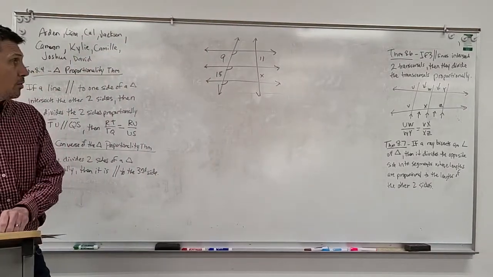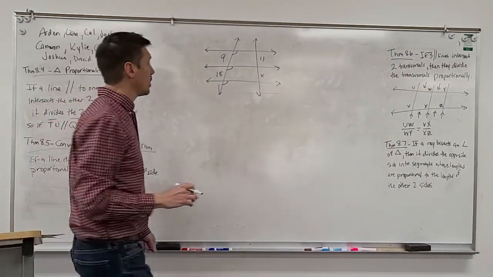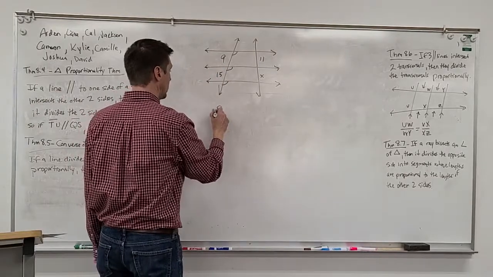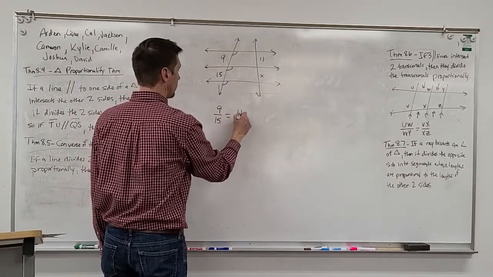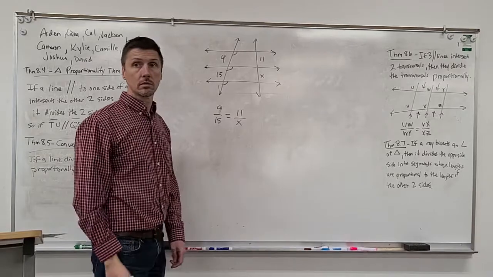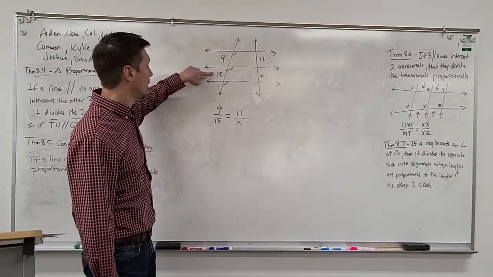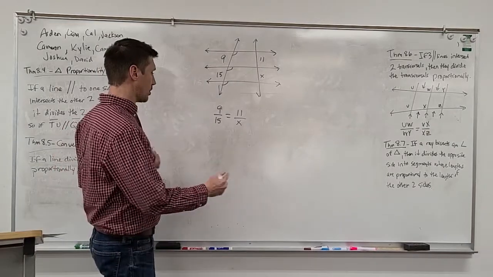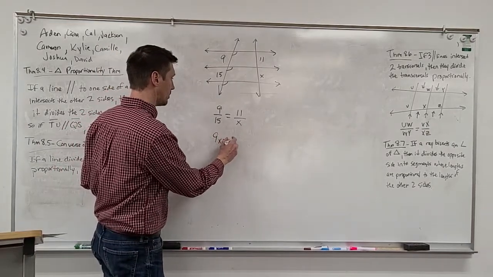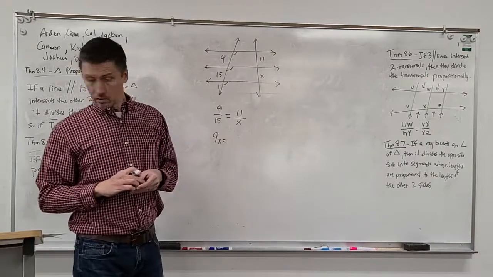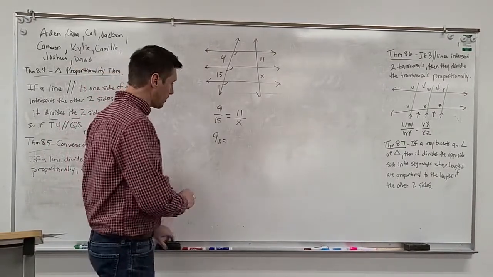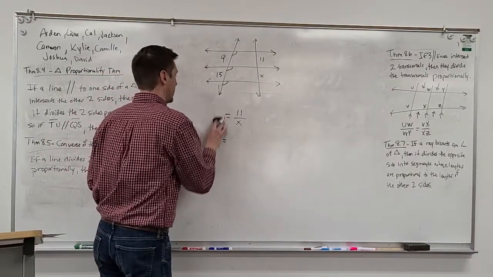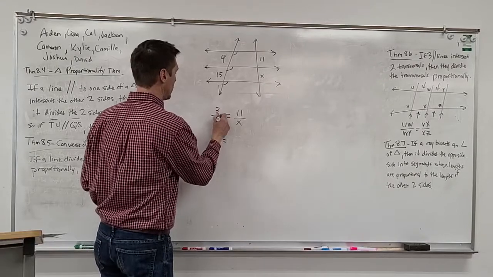They want us to find that number, and it's really simple. Once we know this theorem is true, all we've got to say is that 9 over 15 has got to be equal to 11 over X. This proportion has got to be equal to this proportion. So we just cross multiply. I can simplify 9 over 15 to 3 over 5.